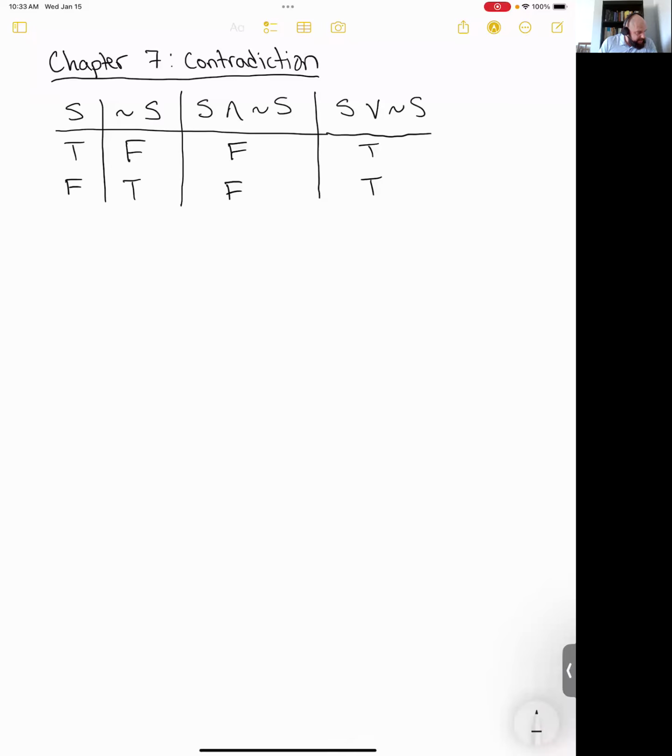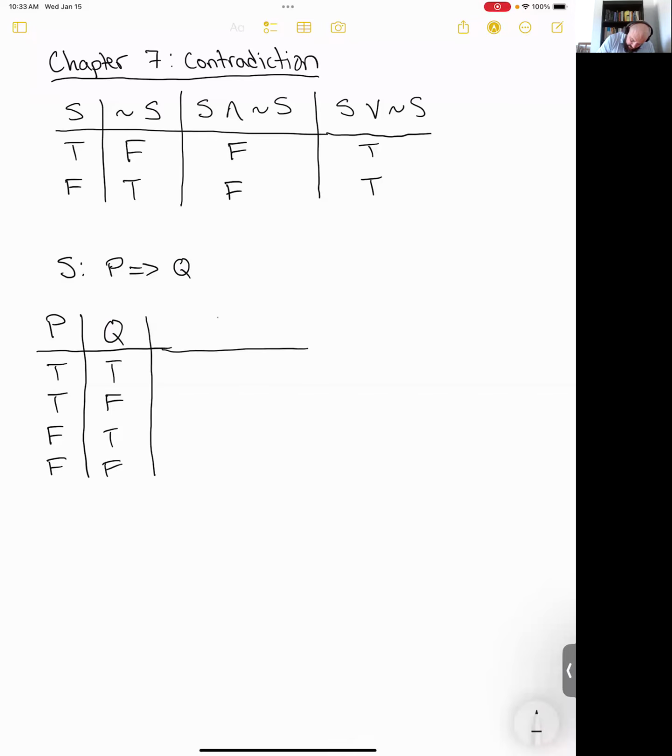Okay, but now, since most statements in mathematics are given as implications, we also want to think about how the logic of negation works here. And so I'll give a slightly more interesting truth table. So now we have a P and a Q. And so we fill this out the way we usually like to have every possible combination of P's and Q's. And then just to have some things to work with, we can have not P and not Q. So we just take the opposite of those columns.